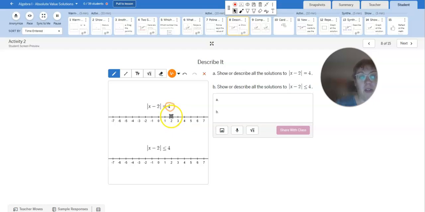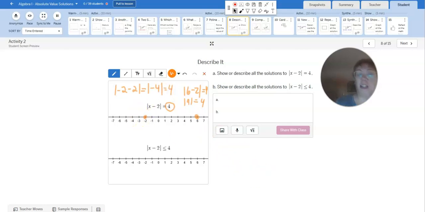So if we go to 2 and we count 4 to the right, here's 6, because 6 minus 2 is 4, and the absolute value of 4 is 4. And then if we go to 2 and go to the left, we get negative 2, because negative 2 minus 2 is the absolute value of negative 4, which equals 4.